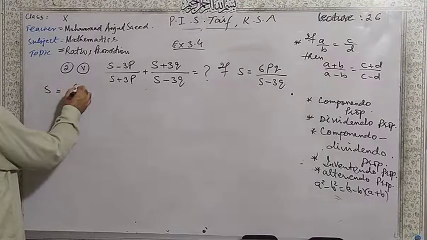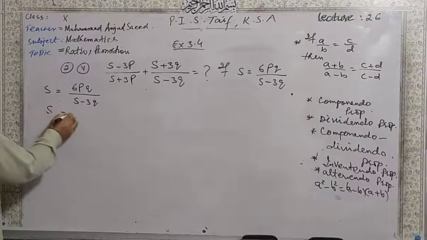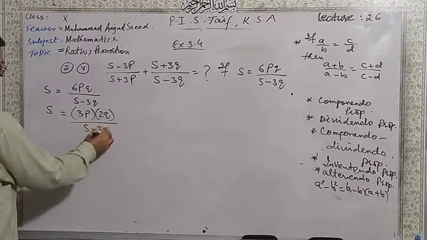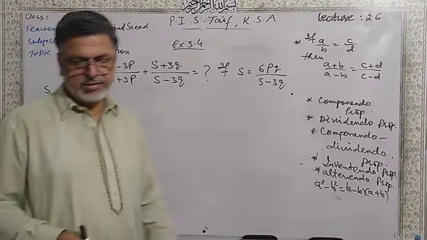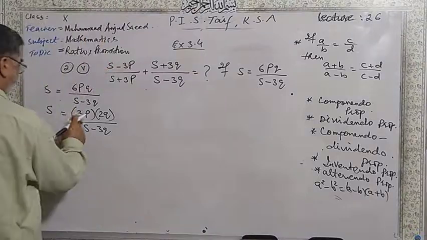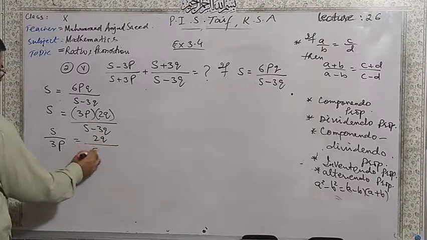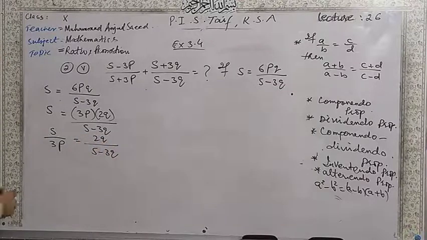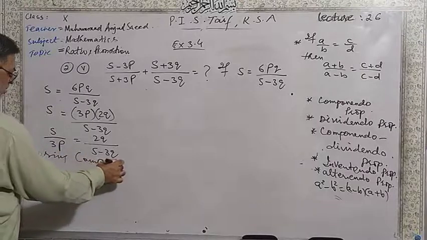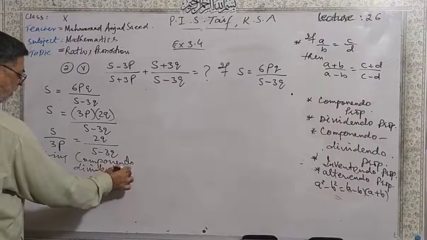S is equal to 6pq over S minus 3q. S is equal to 3p into 2q over S minus 3q. Here you can bring 3p under S, 2q over S minus 3q, using componendo dividendo property.